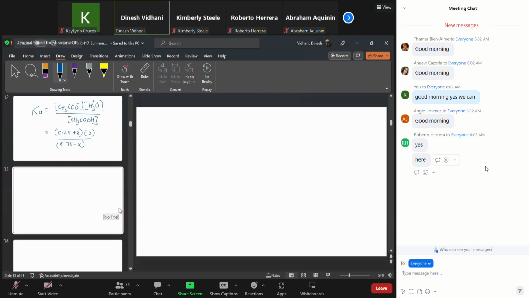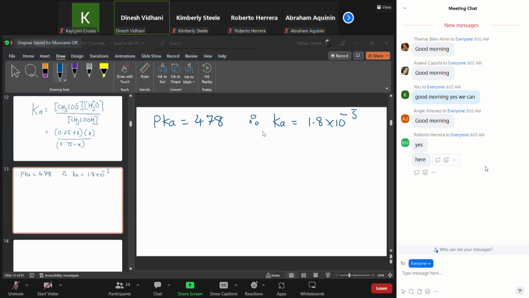Now let's go on to the next slide. So now we got this one. Am I given Ka for this equation? The answer is yes. It is given indirectly. How? My pKa is 4.78. Therefore, my Ka is roughly 1.8 times 10 to the power -5. All of you can check it. Is it -5 or -4? Let me see what we have in the chat box. Can you confirm that what I have is right?